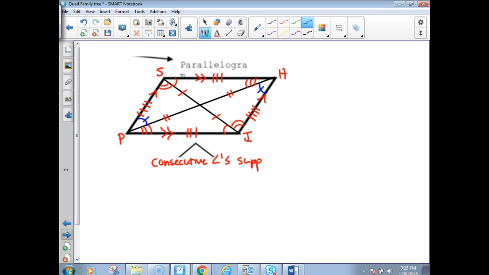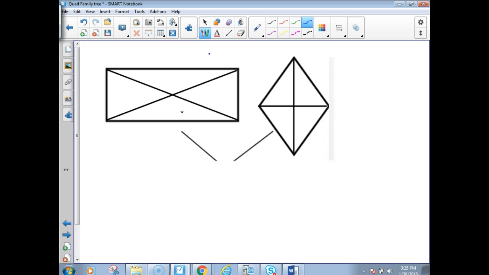All right, let's move on. Try to finish this off. We've got a rectangle, drawing the diagonals on the rectangle and on the rhombus. Okay, on the rectangle, we know that opposite sides are congruent.